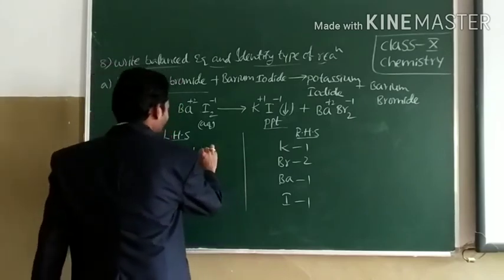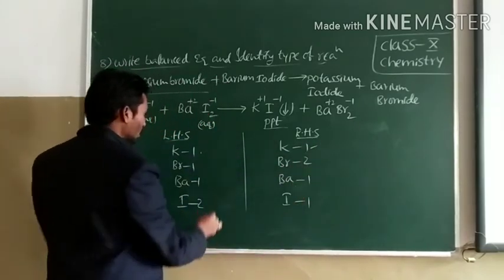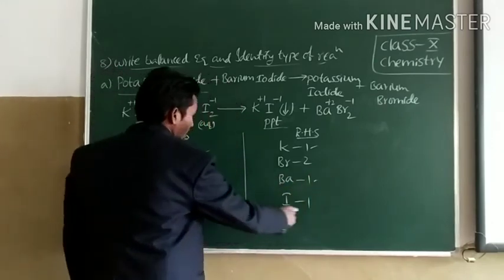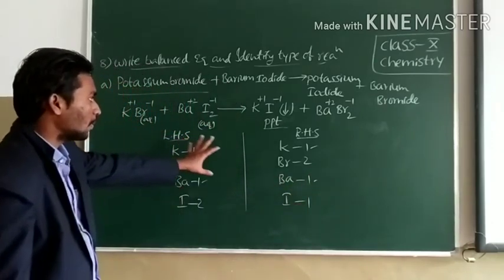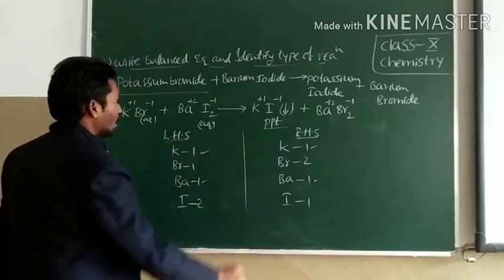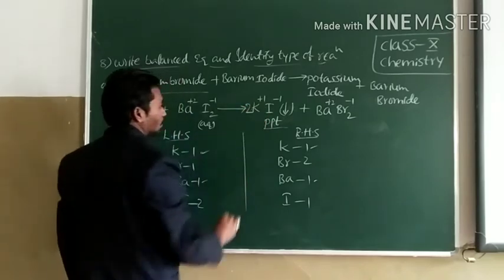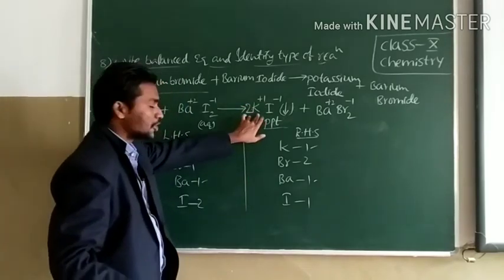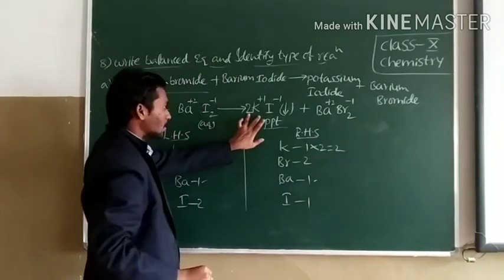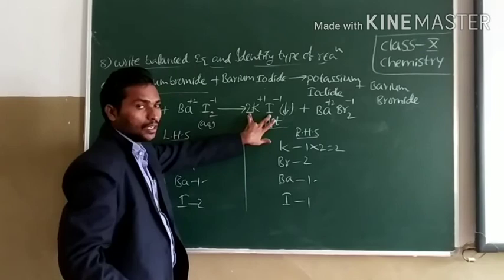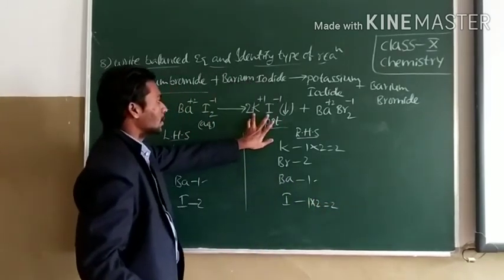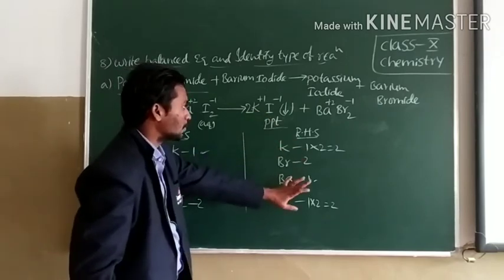Here potassium atoms are balanced. Bromine is not balanced. Barium is balanced. Iodine is not balanced. So it's not a balanced equation. We have to balance this. For balancing the equation, write 2 before the potassium. Now 2 KI gives 2 potassium atoms and 2 iodine atoms on the right side.